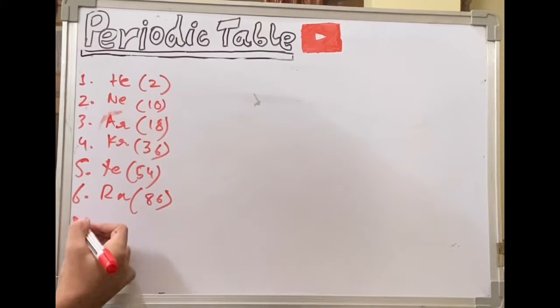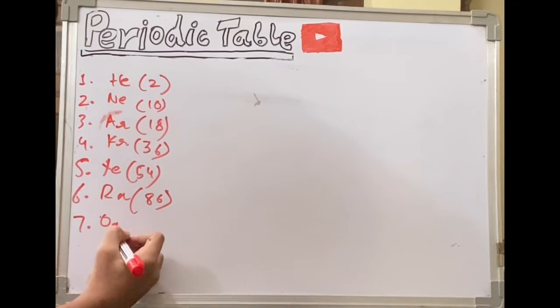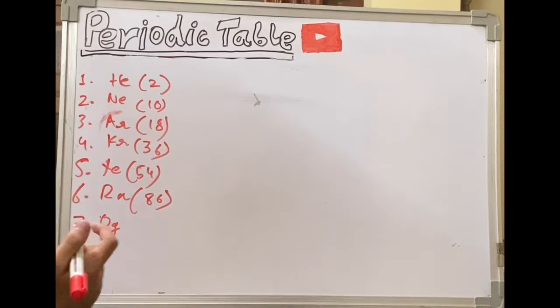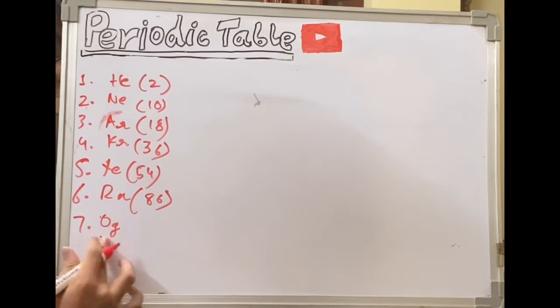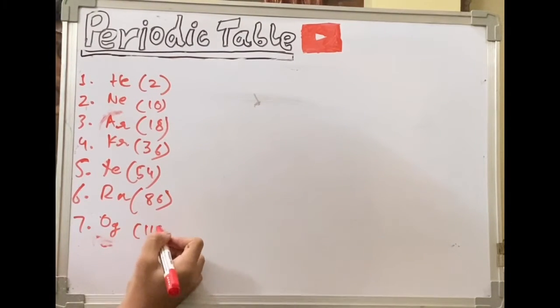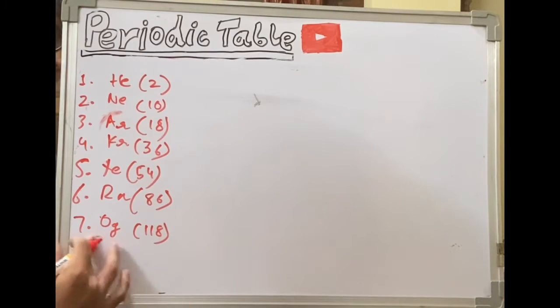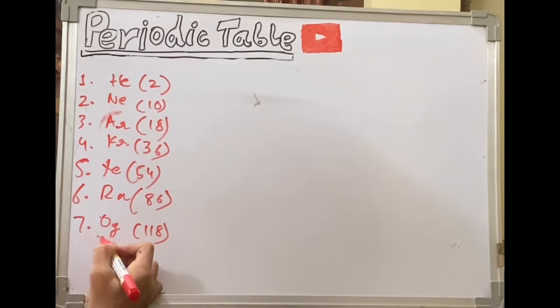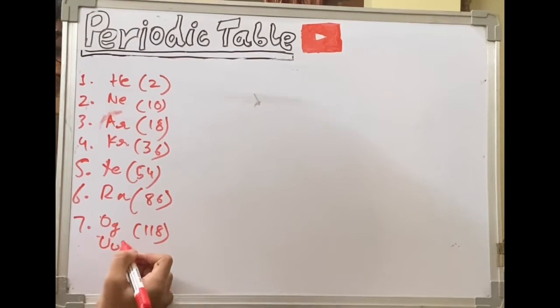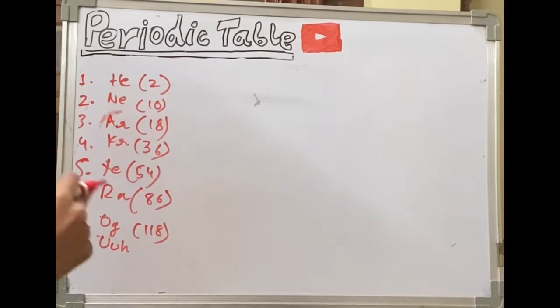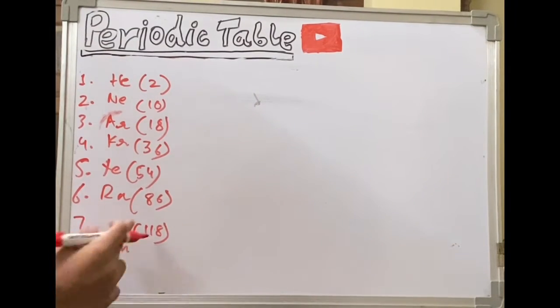And then it goes further. There is OG, which you don't have to remember, okay? It is nothing but 118, and it can be depicted by UUH. Simply forget this OG.